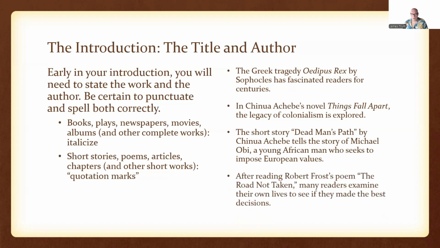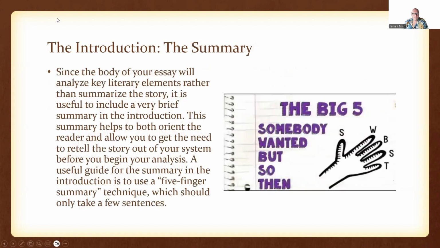Then I wanted to throw in a different type of work than what we've looked at so far. Look at how to cite a poem. After reading Robert Frost's poem, "The Road Not Taken," many readers examine their own lives to see if they made the best decisions. In this case, it's a short poem, so it would get quotation marks.